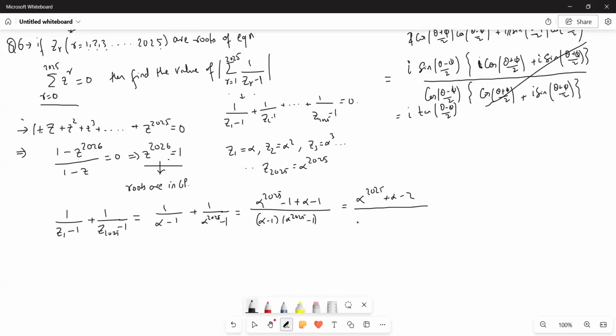अब नीचे वाले को भी एक्सपांड कर लो. तो alpha to the power 2026 minus alpha to the power 2025 minus alpha plus 1.